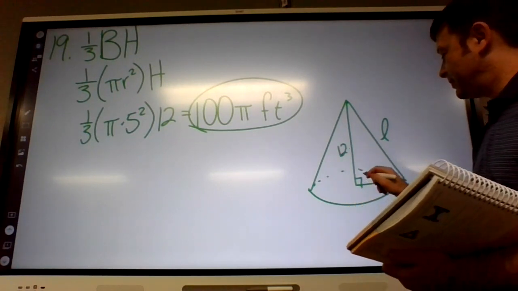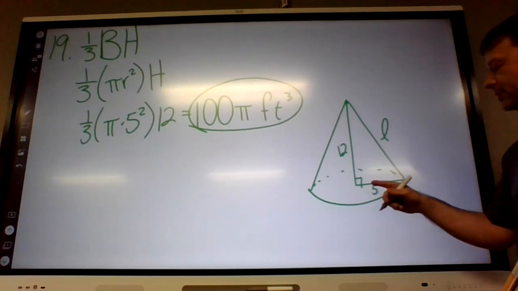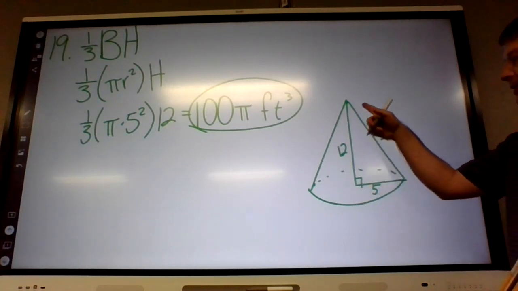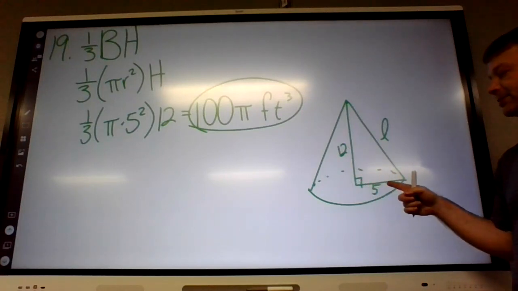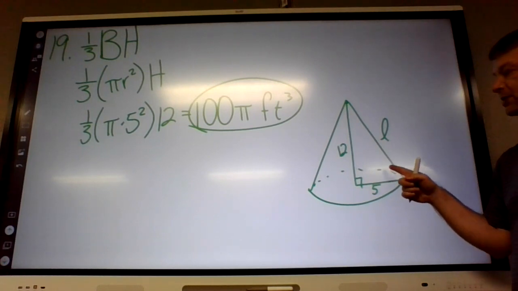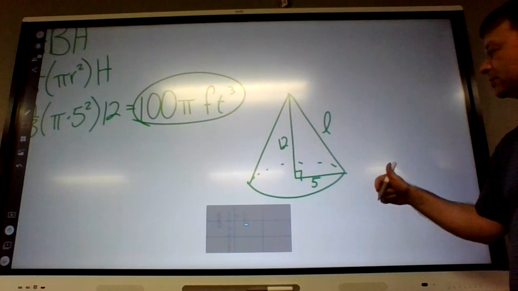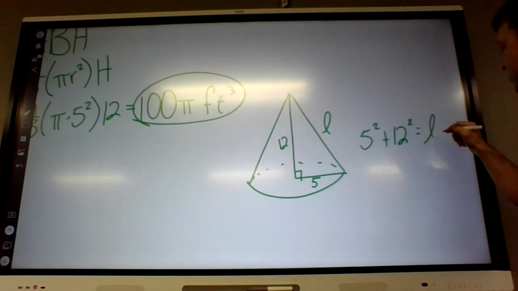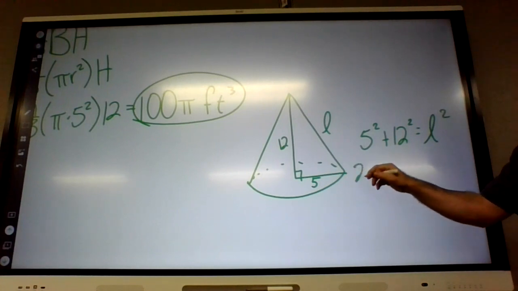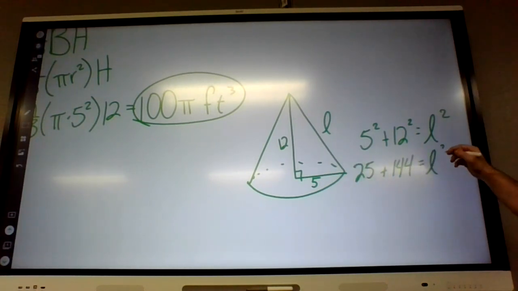I don't know if we've used this trick on the cones yet, but the radius of the cone is 5. The height, I just got this from the picture, is 12. If you draw it so it looks like that, you can see it's a right triangle again. So 5 squared plus 12 squared will give us the slant height squared. You guys remember the 5, 12, 13 triangle? Maybe not.